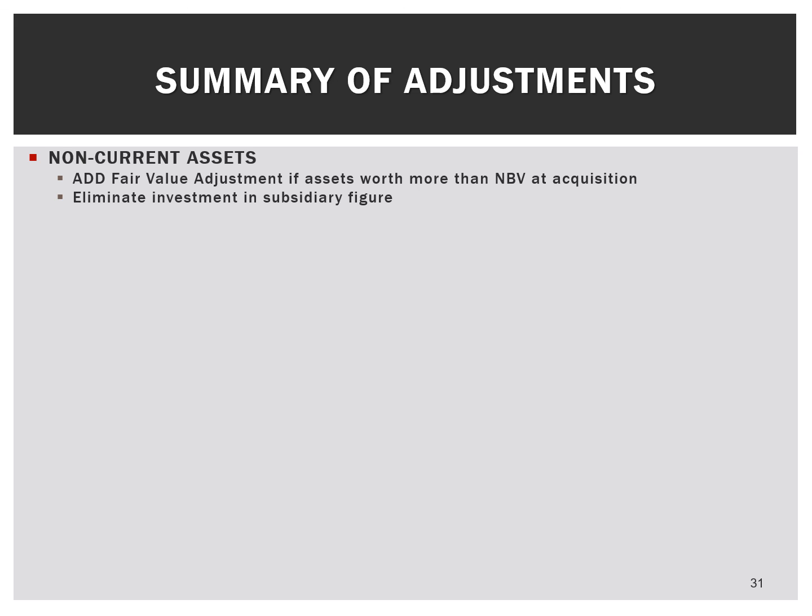We eliminate the investment in subsidiary figure, that disappears altogether, but we replace it with goodwill, and if necessary we deduct any impairment loss that will then be reflected in a reduction in retained earnings.